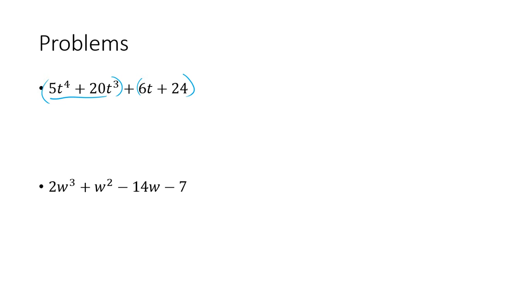The GCF of that first part is 5t to the 3rd power, because we can take a 5 out of both, and the most t's we can take out is 3. So we have 5t to the 3rd. And what do we have left over? We have 1t and a 4.